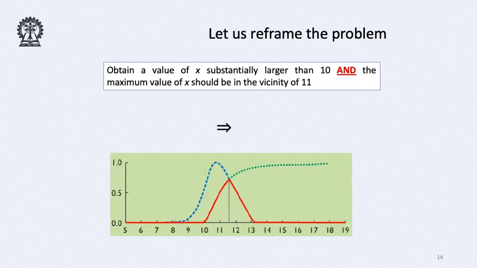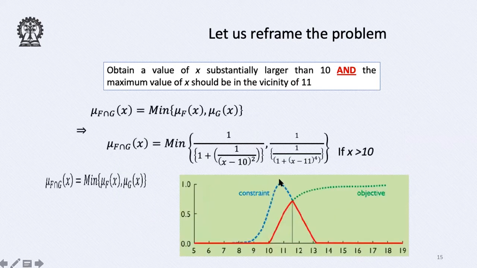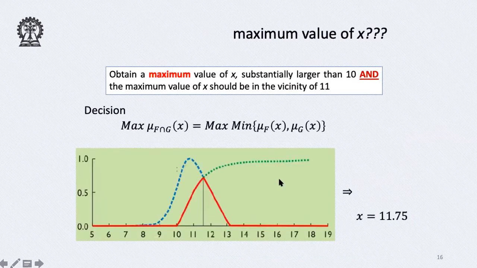But the solution would be the intersection of these two curves. And you could see we want to maximize the intersection area. Therefore, the solution would be at x equal to 11.75. Now, this is the principle by Bellman and Zadeh, that any decision making problem can be considered as an intersecting region, and we apply the max min operator there.